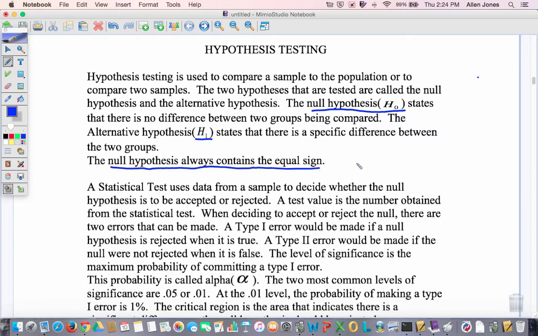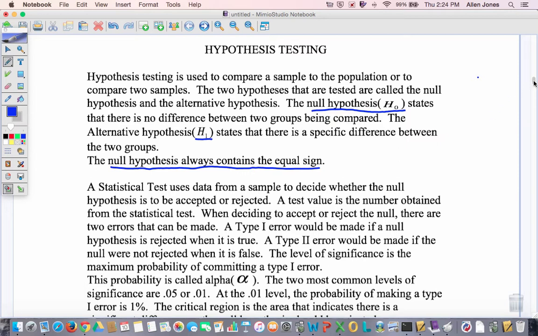So essentially, probably 9 times out of 10 or 95 times out of 100, we'll write our alternative hypothesis first, because that alternative hypothesis will state some sort of difference as being less than or greater than a certain number, and then we'll fill in our null hypothesis, just knowing the null hypothesis always contains the equal to sign.